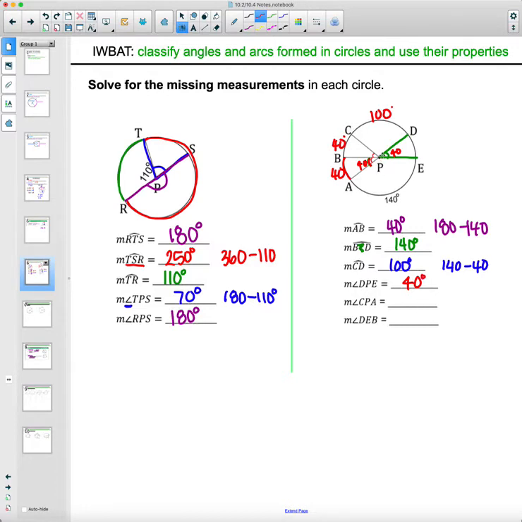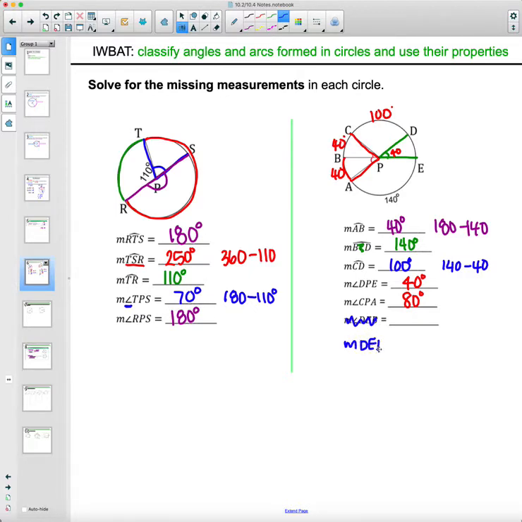Then CPA, notice, is two of these angles. You see the two arcs in there. So CPA would be two of those 40s, or 80 degrees. And then this one, DE, that's a bad notation for that one too. This should be the measure of arc DEB.